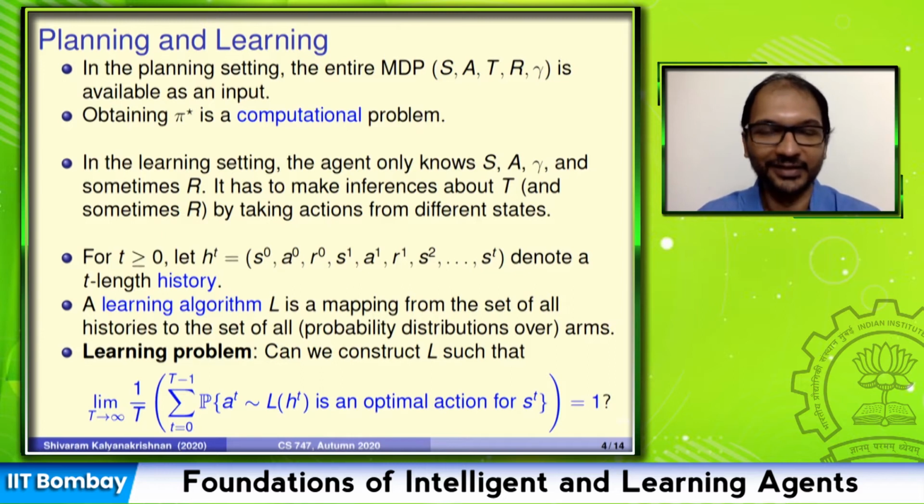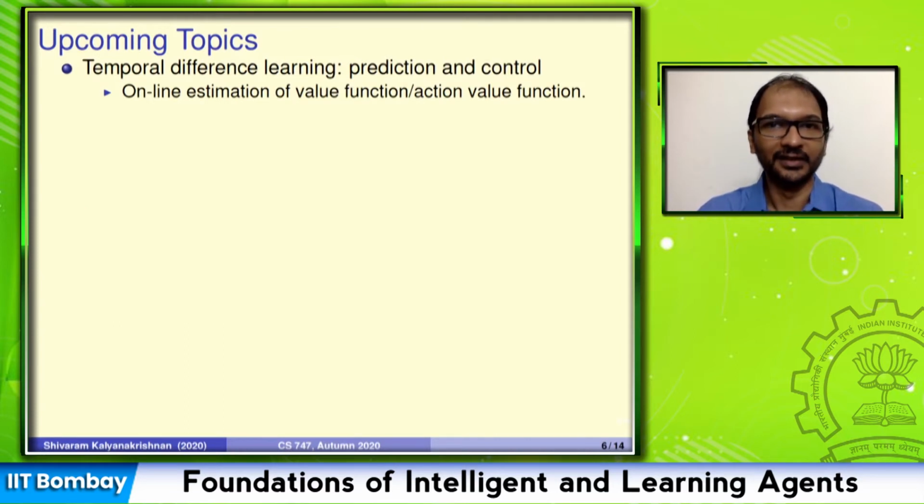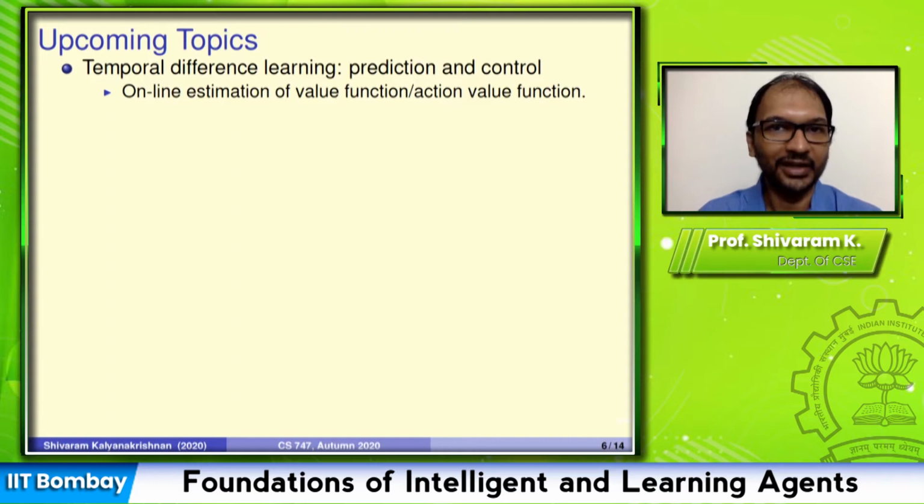We will come back with our technical discussion of solutions and such starting week 8. But going forward, I'm telling you a little bit about the various topics that we are going to cover as a part of solutions to the reinforcement learning problem. We will begin with the most classical topic of temporal difference learning.